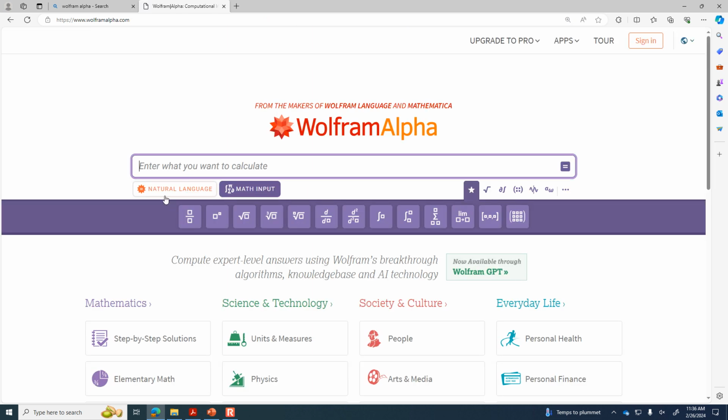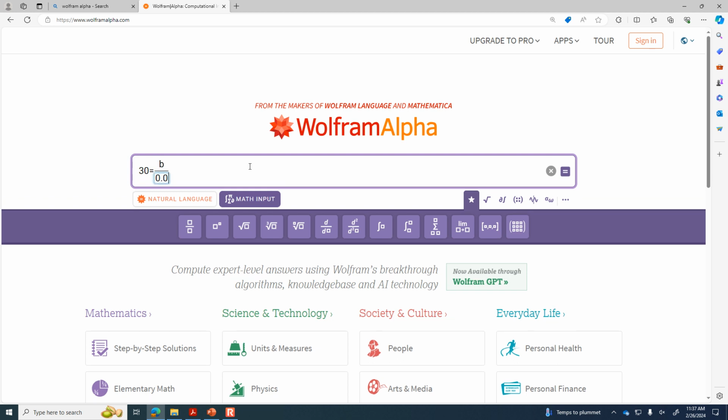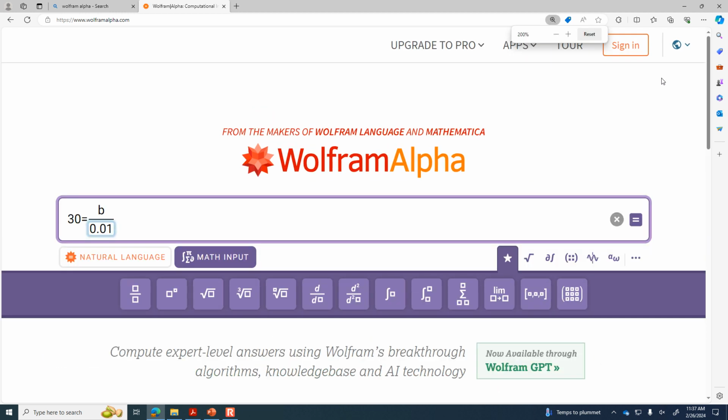Okay, so in Wolfram Alpha, we're going to do math input and just type in the equation here. 30 equals b divided by 0.01. See if I can make this a little bit bigger. And then the right arrow, parentheses, b divided by 2 plus b.